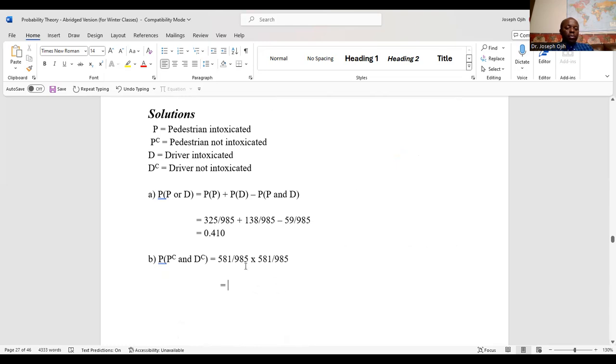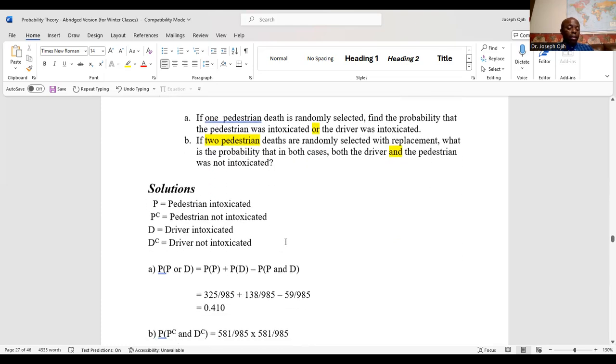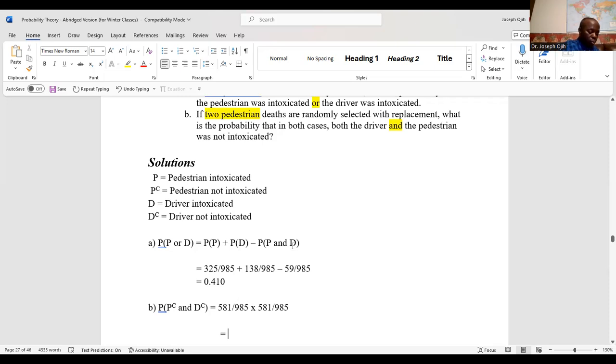I can just do it raised to the power 2, since that's the same thing. So I'm going to write it down: 581 over 985, squared. Let's go to the calculator.